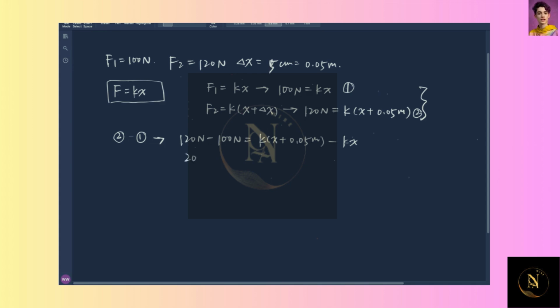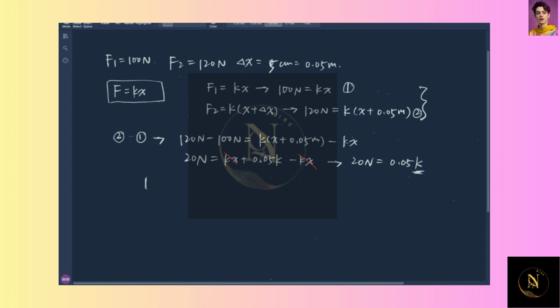And simplify it a little bit. 20 Newton equals kx plus 0.05k minus kx. And you can see that the kx terms just cancel out here. So in the end, we have 20 Newton equals 0.05k. And nice, we only have one unknown here, which is k. And that's what we're looking for.